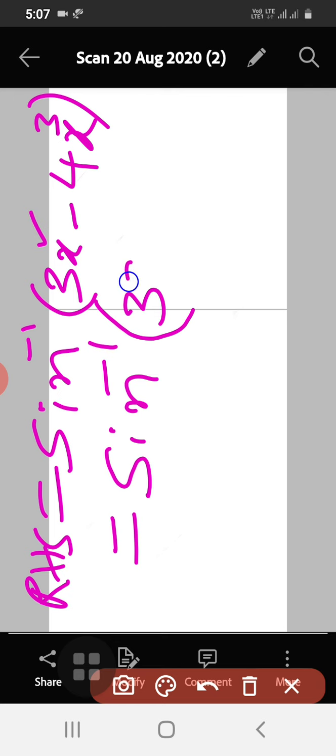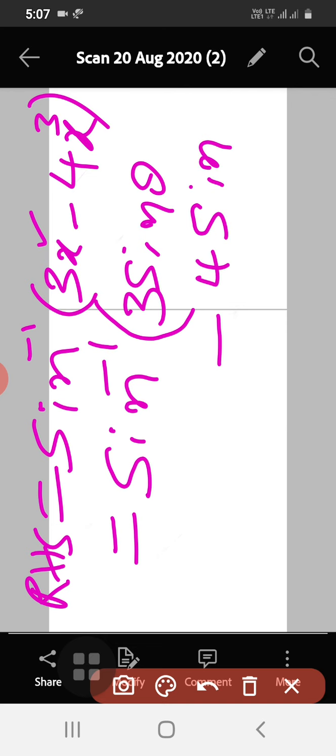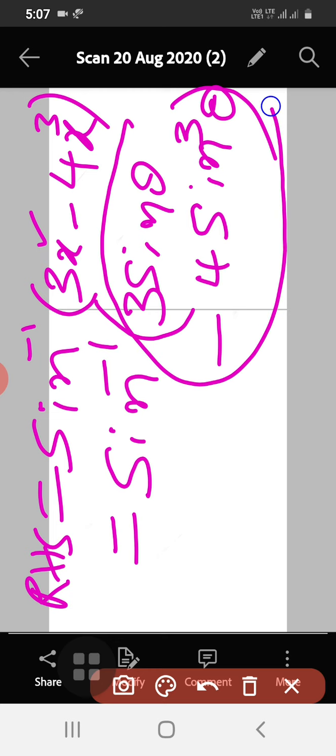X is sin theta, so that is 3 sin theta, minus 4. X cube is sin theta whole cube, that is sin cube theta. So inside the bracket, what is the quantity I have? 3 sin theta minus 4 sin cube theta.